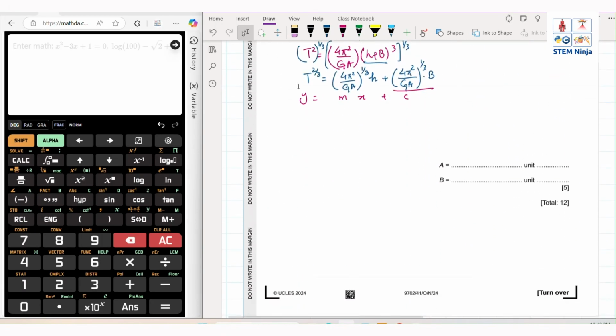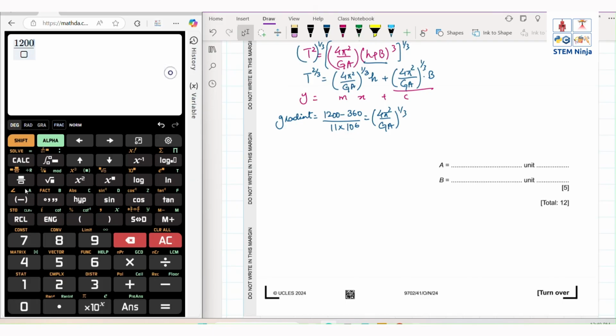So gradient: 1200 minus 360 over 11 times 10 raised to power 6 is equal to the cube root of 4 pi squared over GA. First, let's find the left-hand side: 1200 minus 360 divided by 11 times 10 raised to power 6.